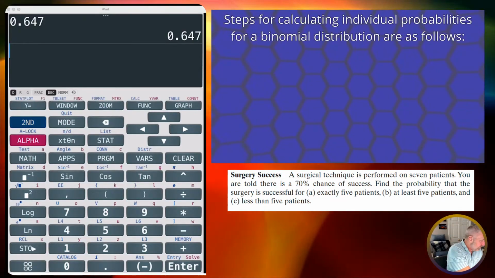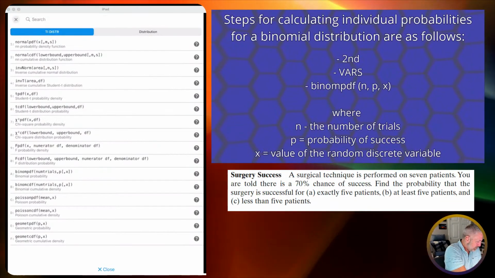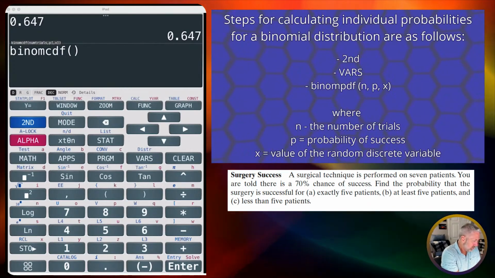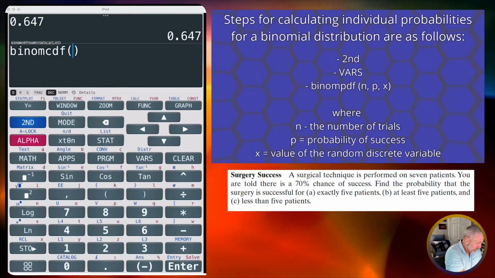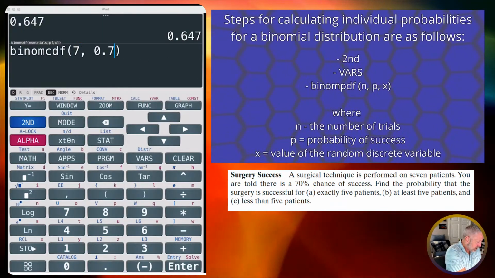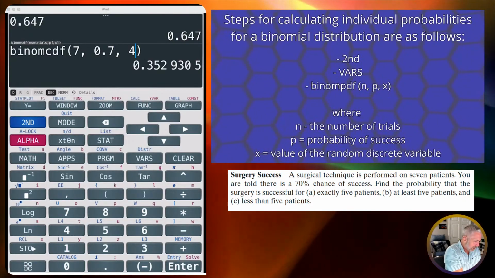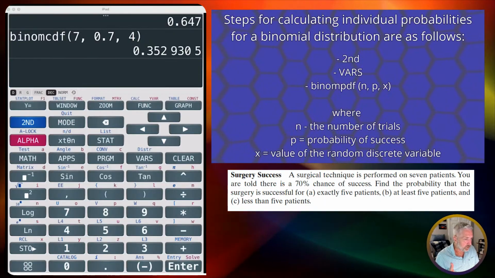So second vars, binomial CDF, 7, 0.7. Then comma, and what do I want to take it up to? 4, right? And that's 0.352. So the answer to C is 0.352.